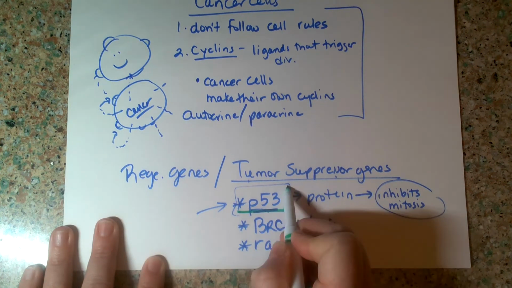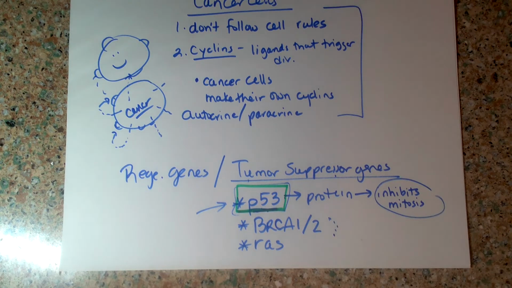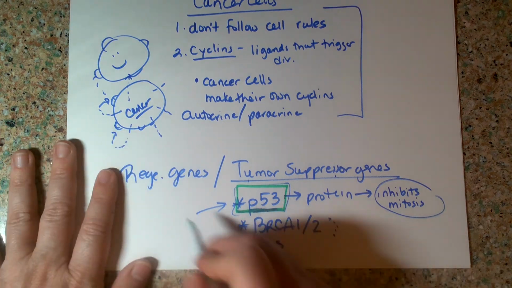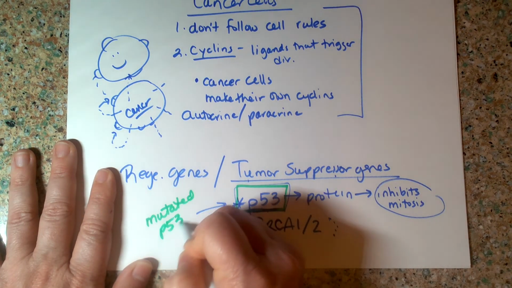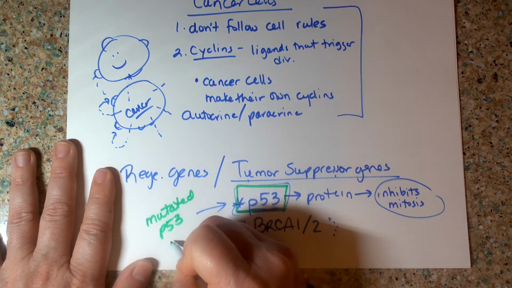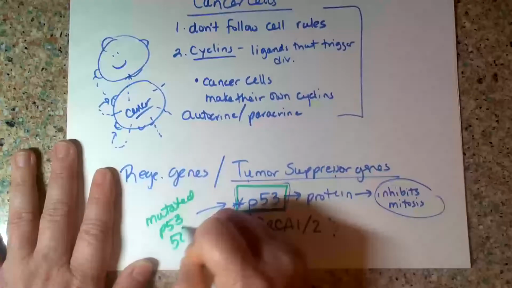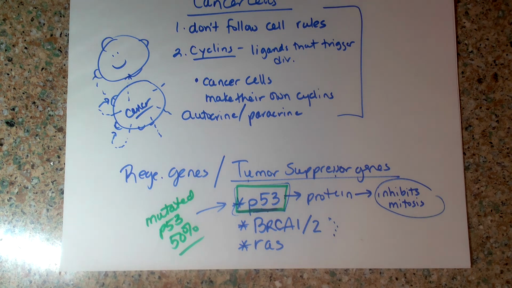A mutated P53 right now we know is responsible for more than 50% of all cancer. Your body should be able to recognize it, but because your P53 is mutated, it doesn't recognize, it doesn't inhibit mitosis, and then the tumors start forming, and you have all kinds of issues.